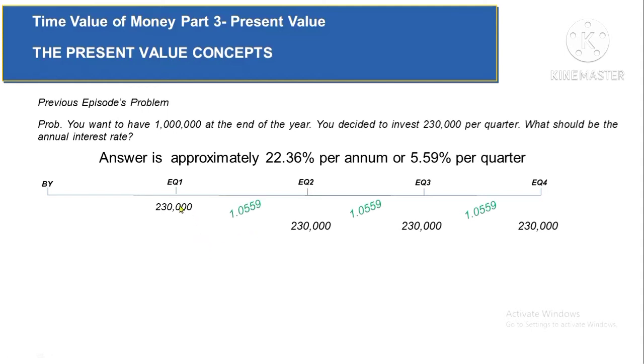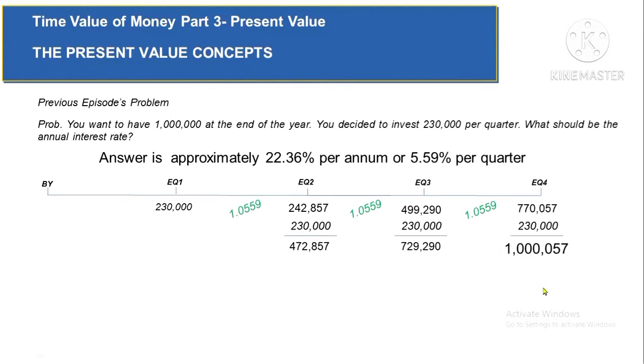So you have 230,000 times 1.0559, you will have 242,857 plus 230,000, then you're gonna get 472,857 at the end of quarter 2, and then you multiply that amount with 1.0559 again, you're gonna get 499,290 plus 230,000, then you'll have 729,290, and lastly multiply that with the final 1.0559, then you're going to get 770,057 plus the final 230,000, then you are going to get a total of 1,057,000 pesos.